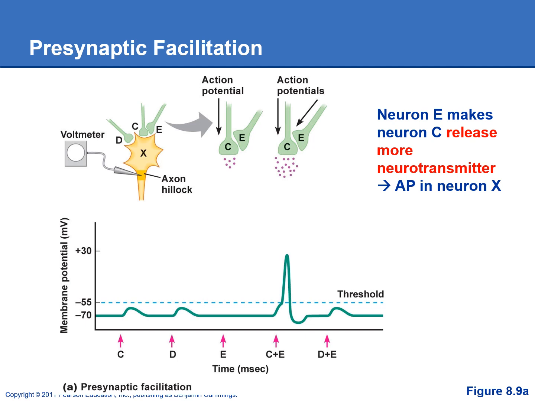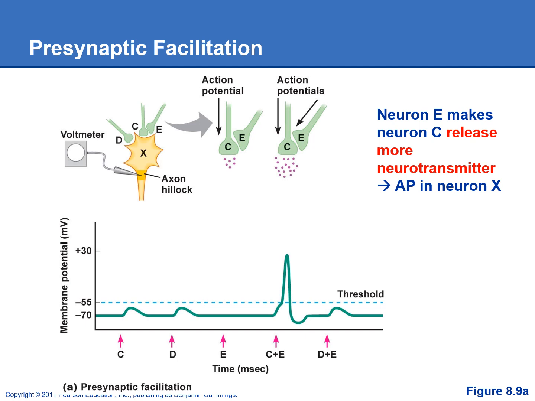And we're going to be looking at presynaptic facilitation first. Remember, facilitate means to help. So E is going to help presynaptic neuron C release neurotransmitter. So it's going to increase the amount of neurotransmitter that gets released.